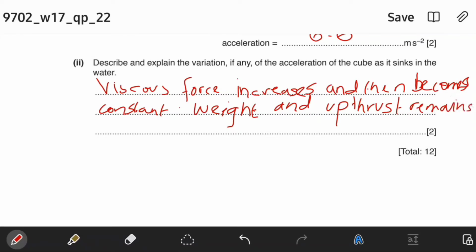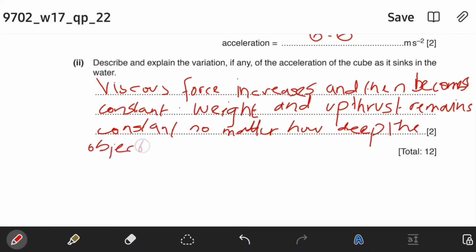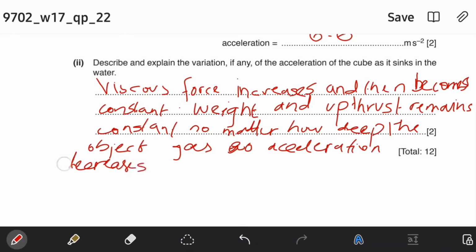So acceleration decreases to 0 with time.